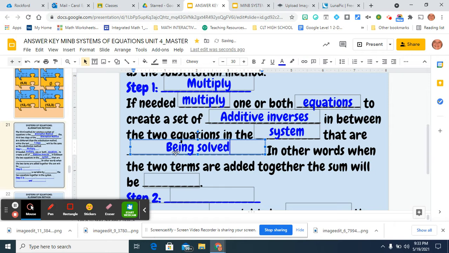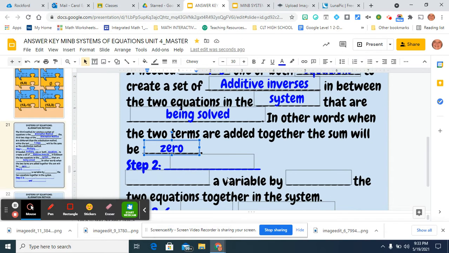In other words, when the two terms are added together, the sum will be 0. That's what it means to eliminate.